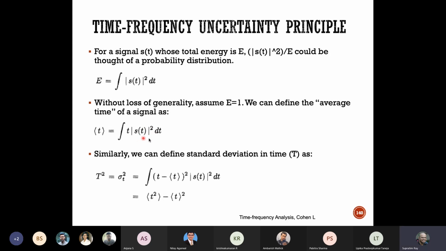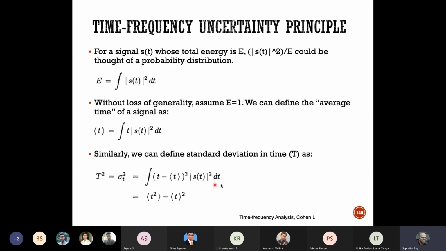This is telling you where the energy density is, where the energy of the signal is in the time domain as a function of time, and you multiply it with time and integrate it. This is like the first moment, the mean signal. Likewise, I can also define how the energy is spread out around this mean. This is like the computation of variance. So I say sigma t square is the square of the standard deviation of time, and this is how you would compute it.